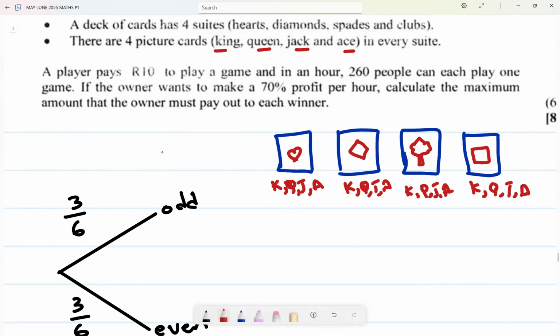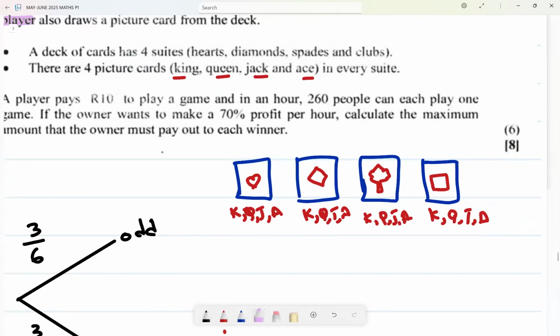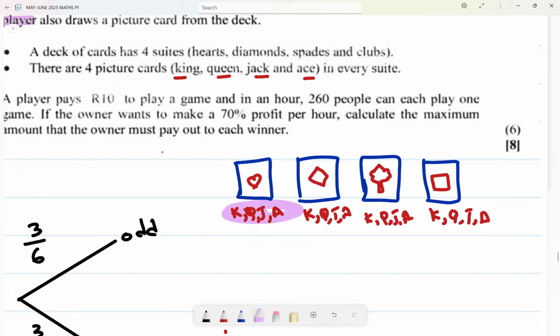So now, what is the probability of that person winning the game? For you to win, you need the probability between these two.